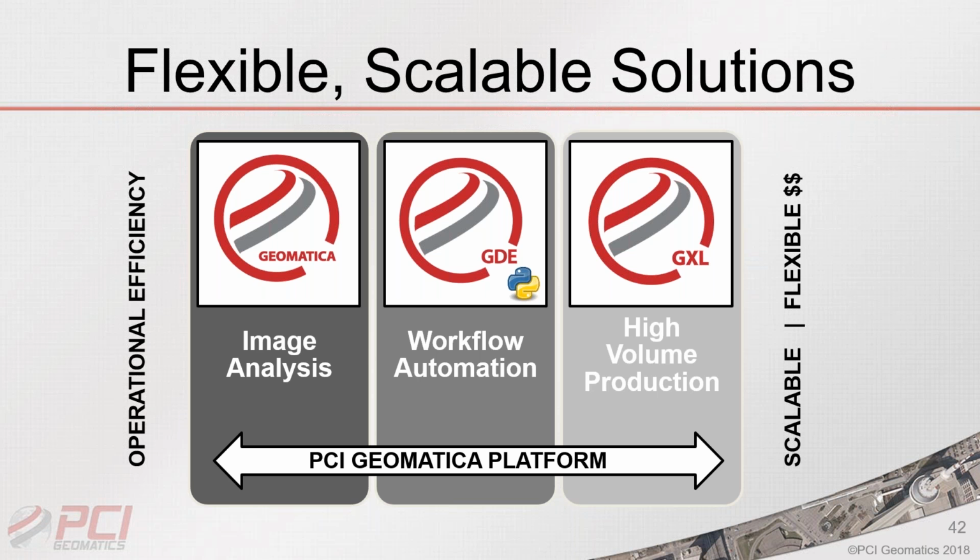They could be automated through Python, and on the higher end, you can certainly achieve high volume production using our GXL infrastructure to parallelize and automate workflows. And of course, depending on budget and throughput requirements and so on, our technology allows you to scale and achieve the operational efficiencies that you're looking for as an organization.